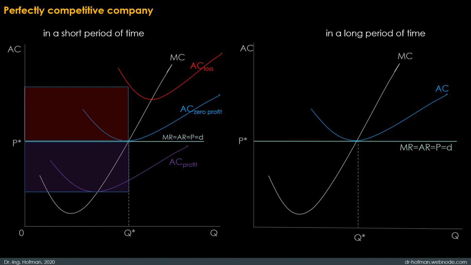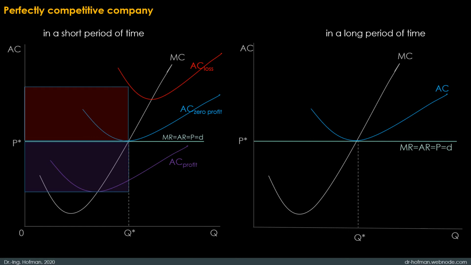The graph on the right for a long period of time shows that again the price line stands also for marginal revenues, MR, average revenues, AR, and demand. What's different? We have just one AC curve for average cost in blue, and the shadow curve is marginal costs.